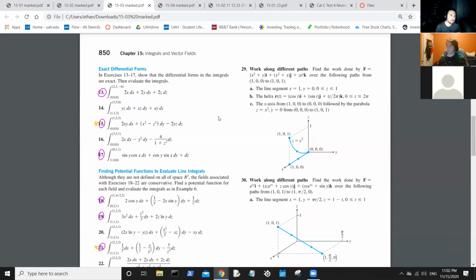Your x squared goes from 0 to 2, y squared is 0 to 3, and z squared too. If you think about it, you can just split this up into 3 different integrals for x, y, and z. That's at least for 13. But for stuff like 15, where there are mixed letters in there, you need to get your function in terms of all 3. But it's just guessing, really.